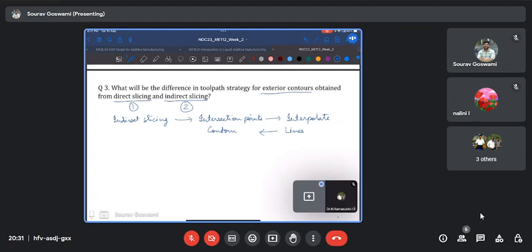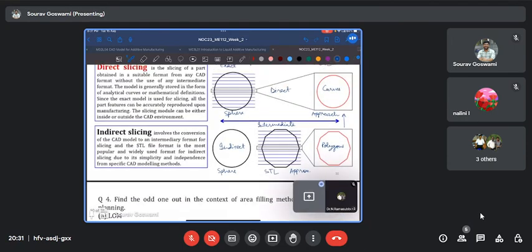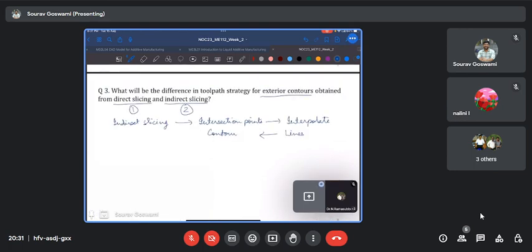This is possible because I have these polygon shaped contours in each layer.